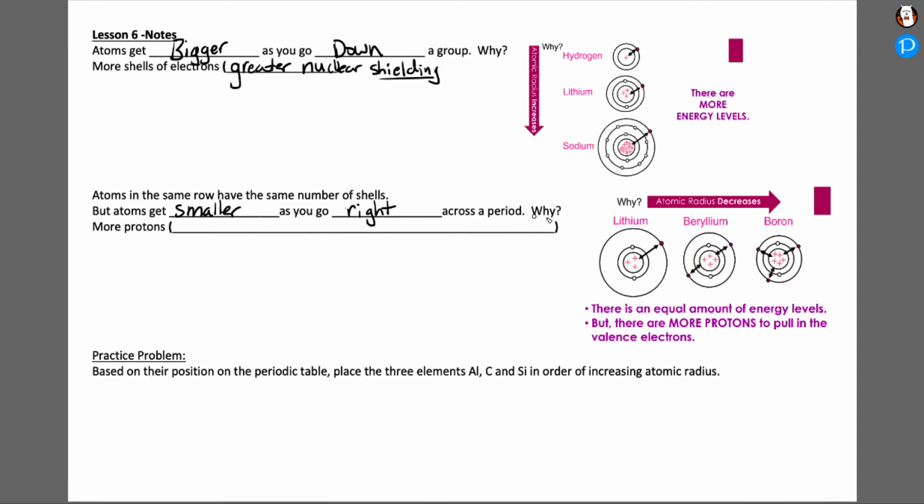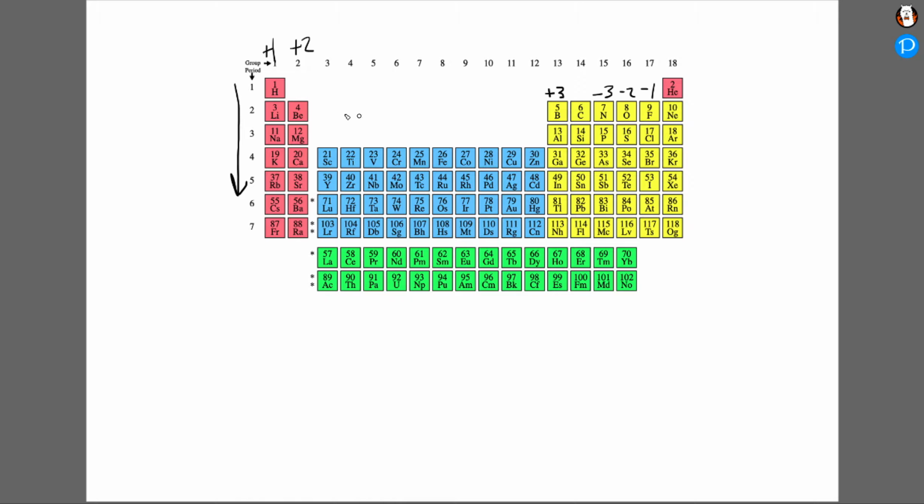And why is that? Well, if we look at lithium, beryllium, and boron, so actually let's come back to the periodic table here, and here's lithium, beryllium, and boron. If I start moving across the period like this, notice that all of these elements here are in the same period.